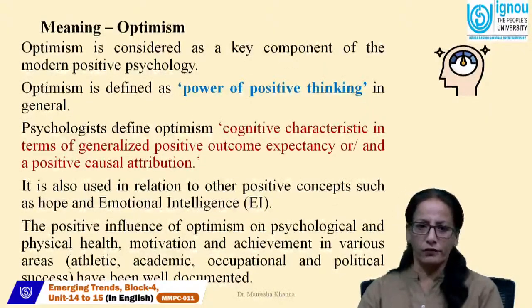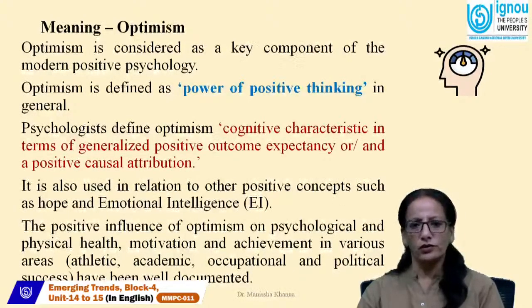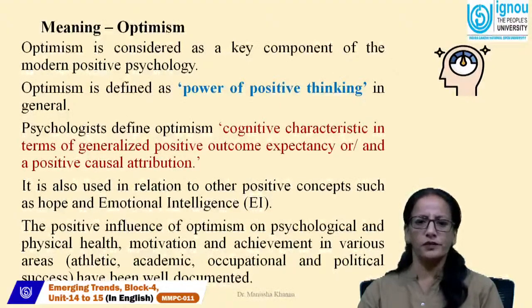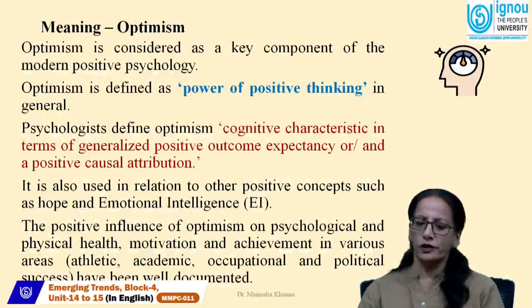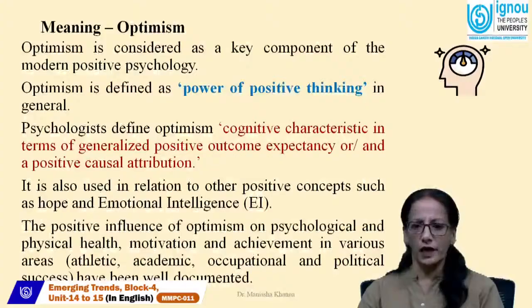But psychologists define optimism as a cognitive characteristic in terms of generalized personal positive outcome expectancy or a positive causal attribution. It is also used in relation to other positive concepts such as hope and emotional intelligence, termed EI.